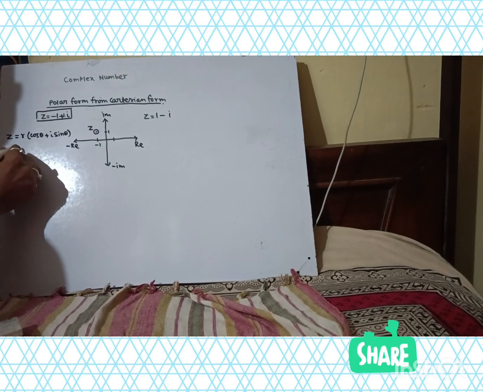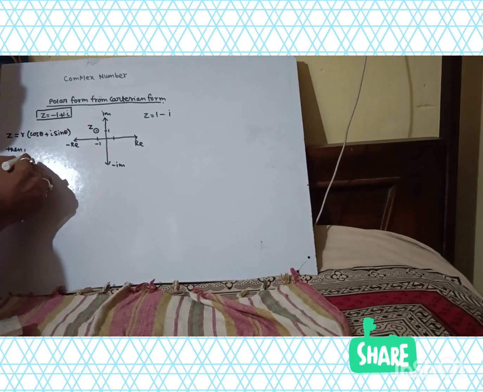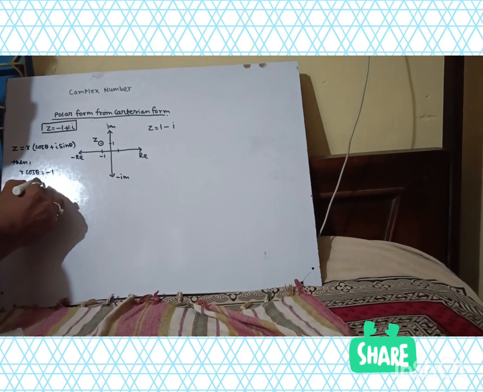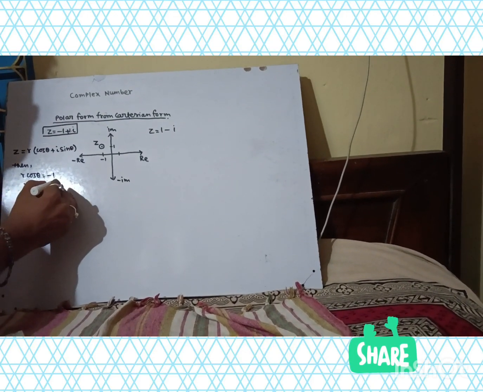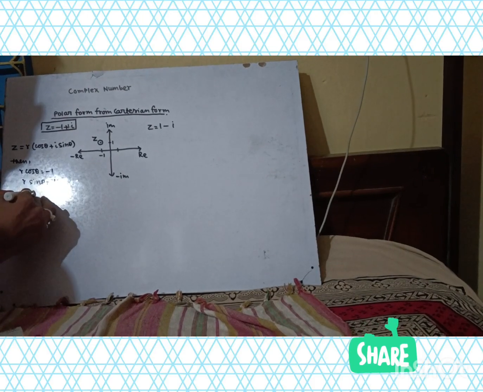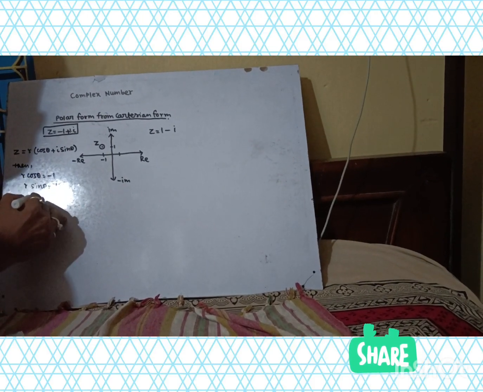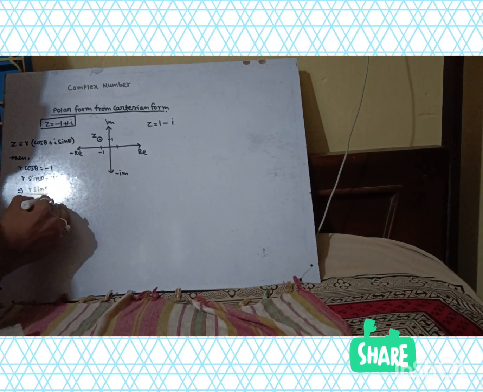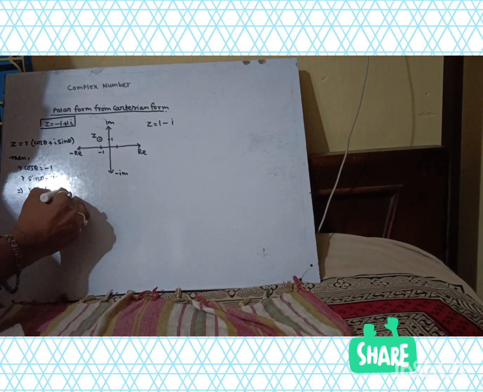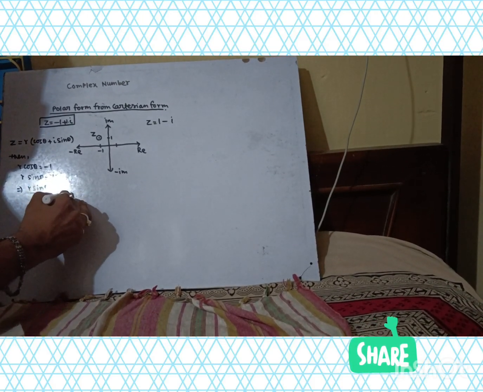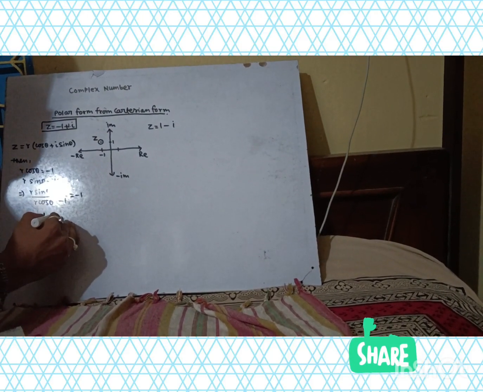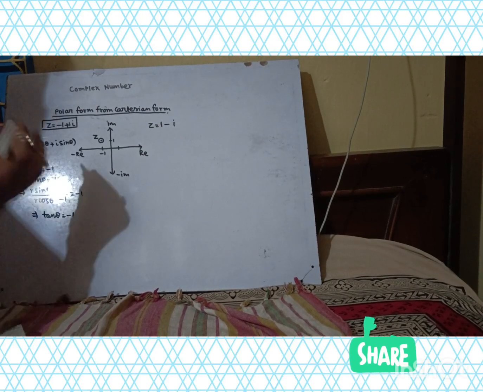Then r cos theta is equal to minus 1 and r sin theta is equal to plus 1. So we divide r sin theta by r cos theta, which is 1 by minus 1, that means minus 1. That is, tan theta is equal to minus 1.